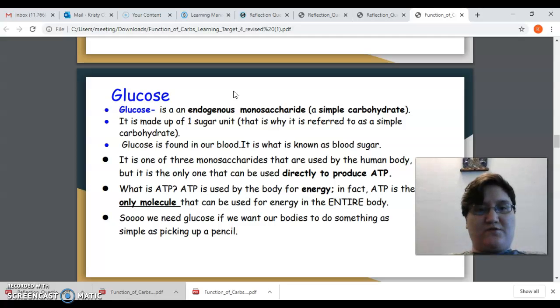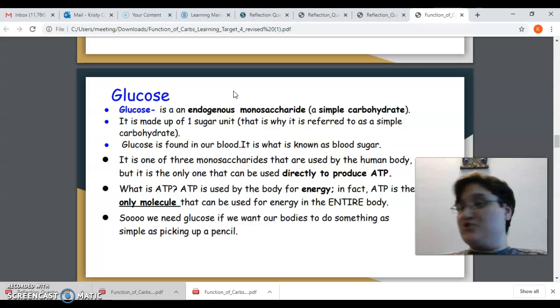It is one of three monosaccharides that are used by the human body, and it's the only one that can be used to directly produce something very important called ATP. So what is ATP? ATP is essentially how we have energy, right? I want you to think of ATP like cash, like money. If you want to go do something fun, you need money.